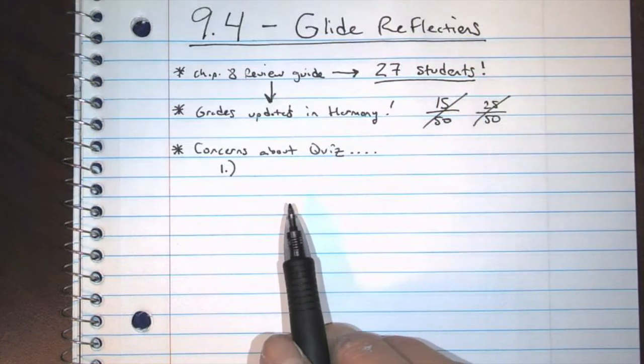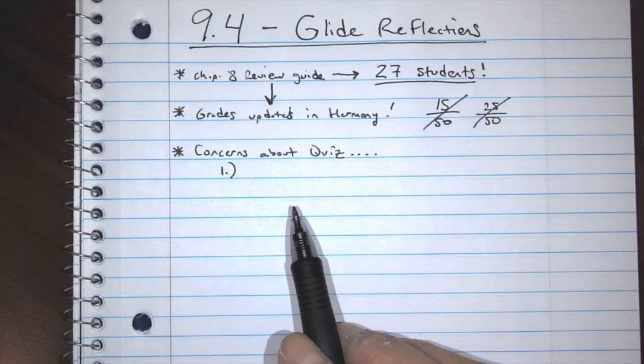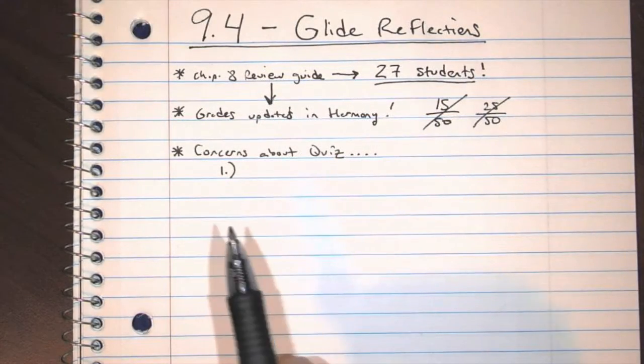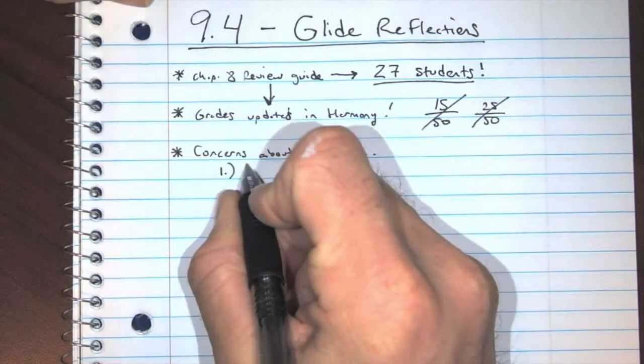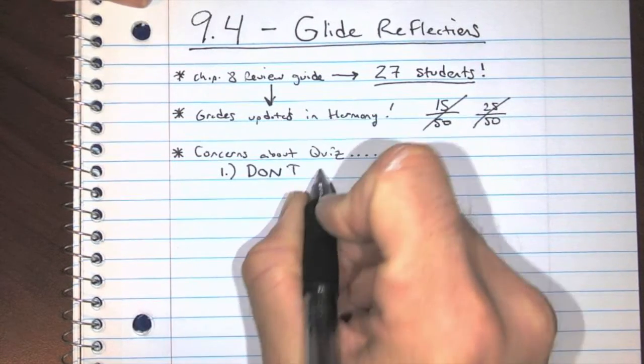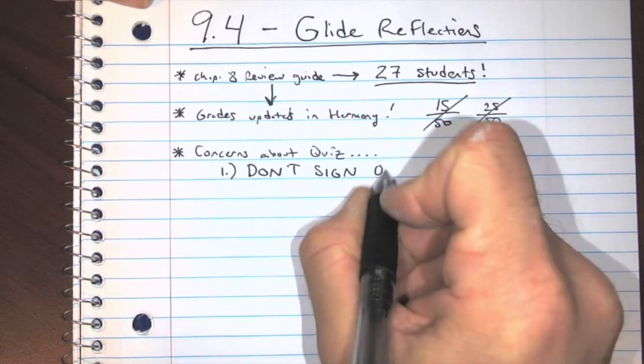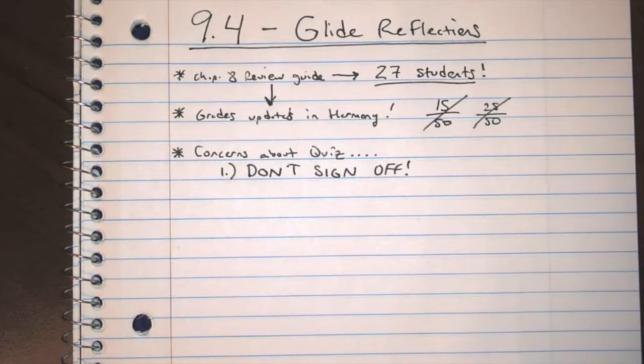Last but not least, I want to address some concerns that I saw from the quiz that you took this Monday. And first and foremost, when you are taking this quiz, don't sign off of the quiz. What I mean by that, and some of you know this, some of you it's common sense, is do not leave the Canvas quiz screen.